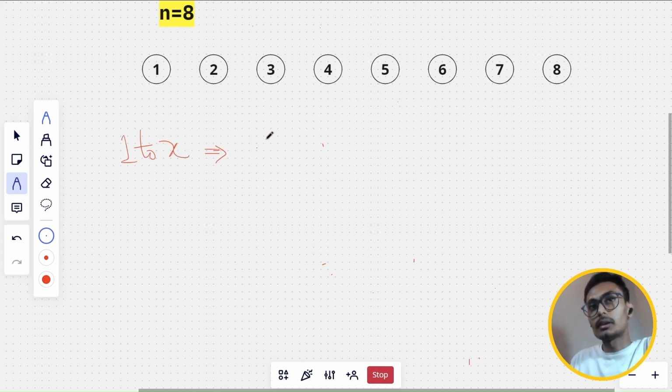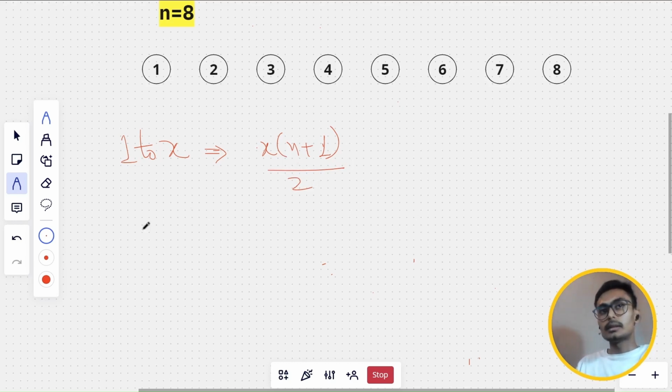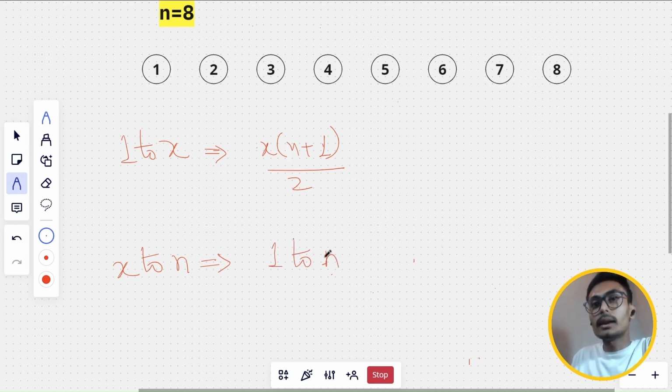The formula is simple: x times x plus 1 by 2. Then again from x to n, what will be the formula? This will be the sum of 1 to n minus the sum of 1 to x minus 1, right?